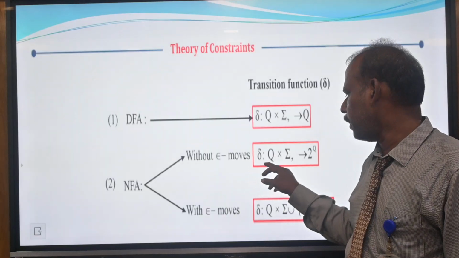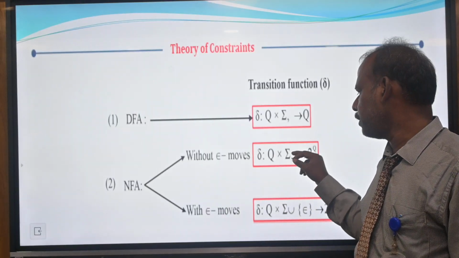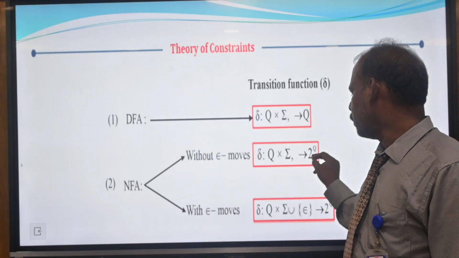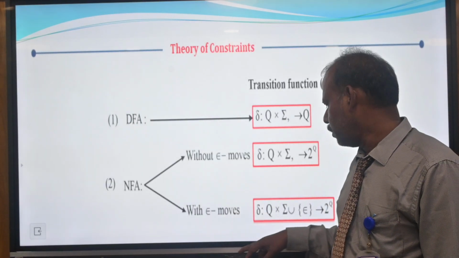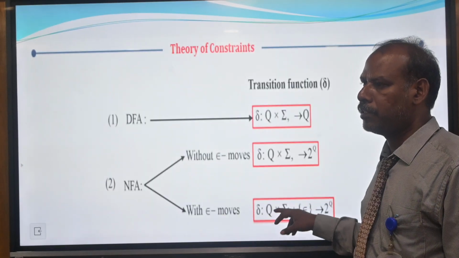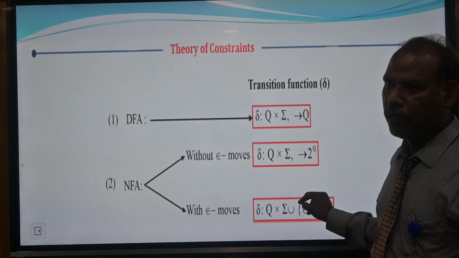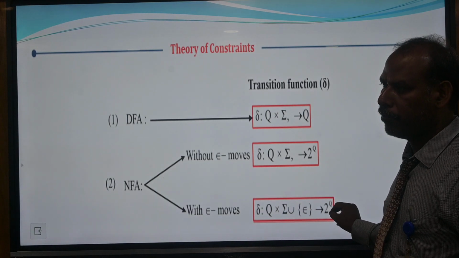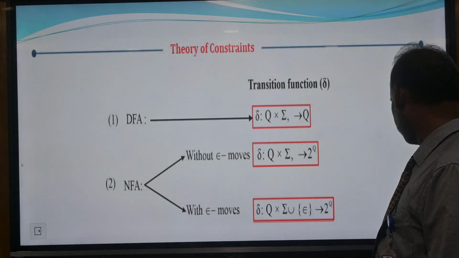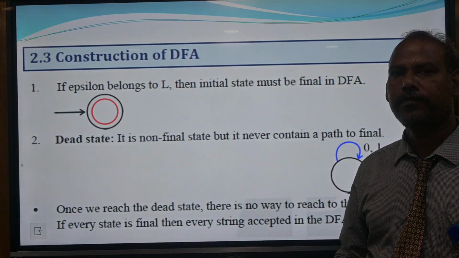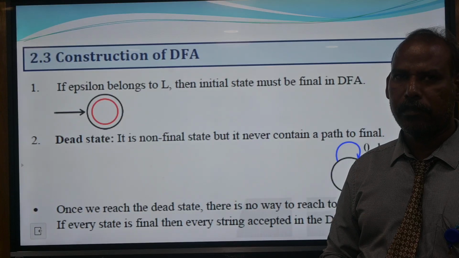Without null moves, the number of states times the number of inputs gives 2 power Q. With null moves, the number of states times input symbols, with the union of the null character, also gives 2 power Q. So here is the construction.